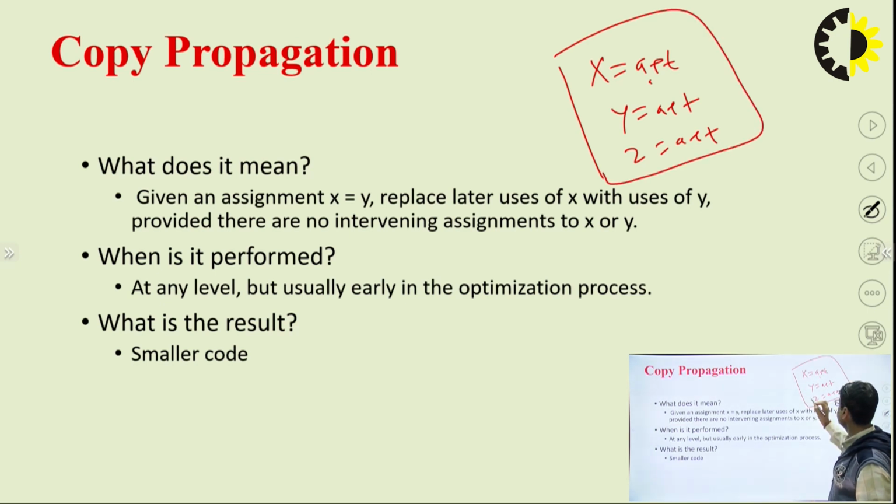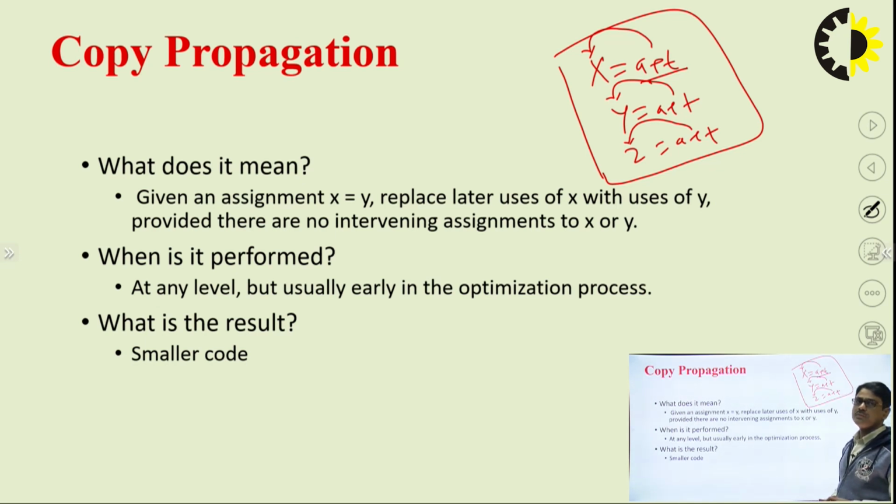Three variables are defined by the same expression. If we execute these, every time a + t is executed and then the value is transferred to x. Similarly again a + t is executed and the value is transferred to y, and a + t is executed and then the value is transferred to z.